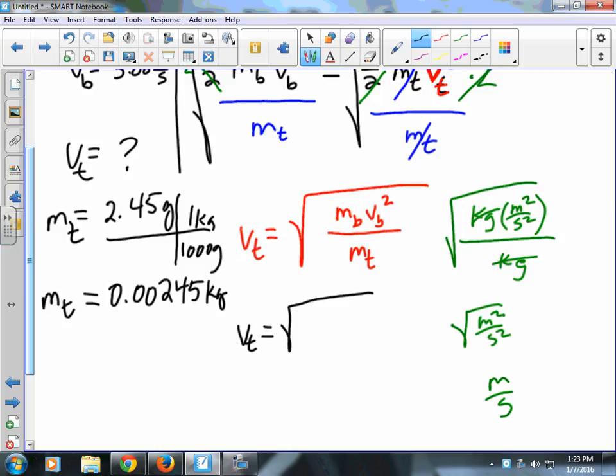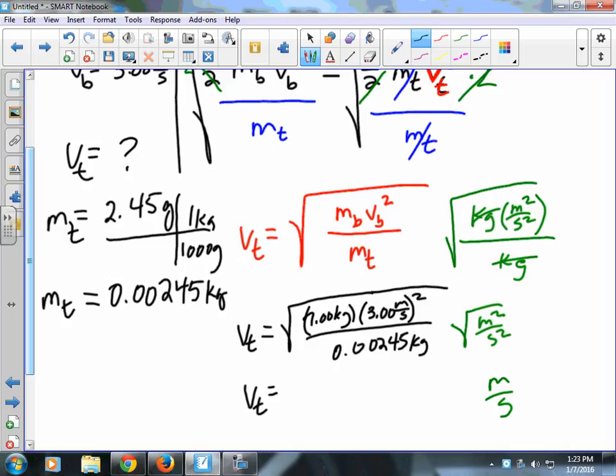Okay, so the mass of the bowling ball was 7. Velocity of the bowling ball was 3. Table tennis, 0.00245 kilograms. I should not be the only one touching the calculator.